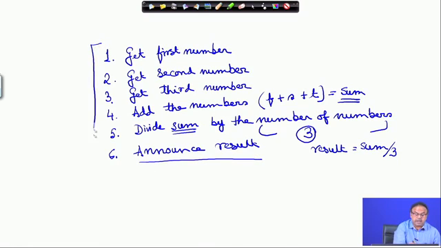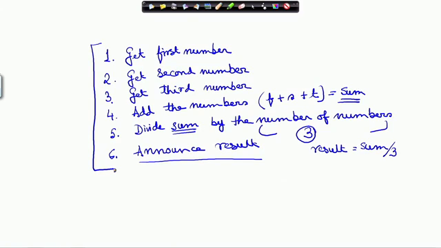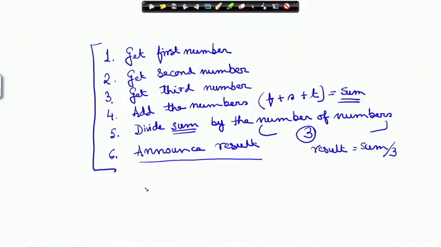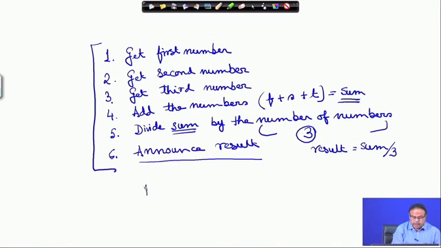So, these steps are very well known, very clear, and since these are very clear, I can solve them by programming. Okay. Why? Because what is programming? Programming is informing a computer as to how to solve a particular problem.